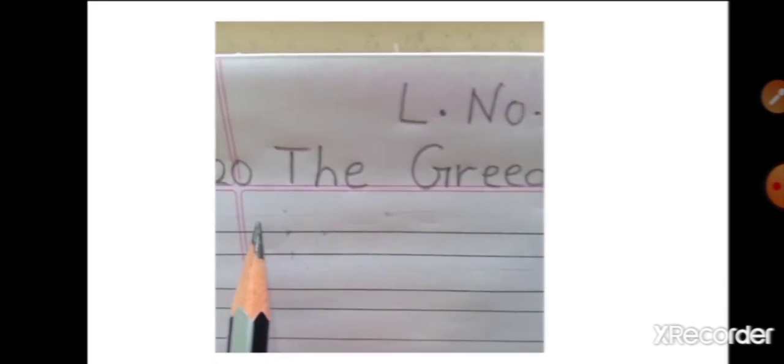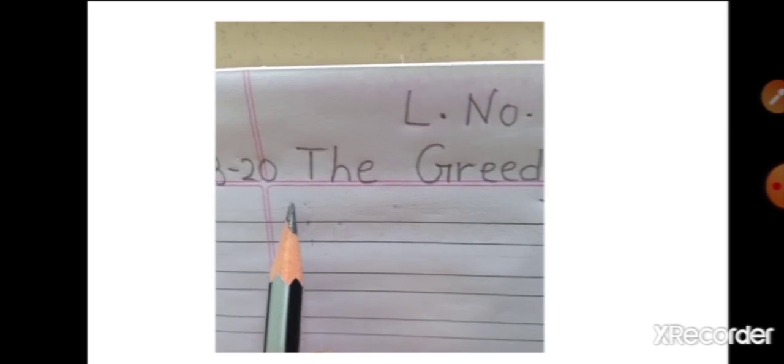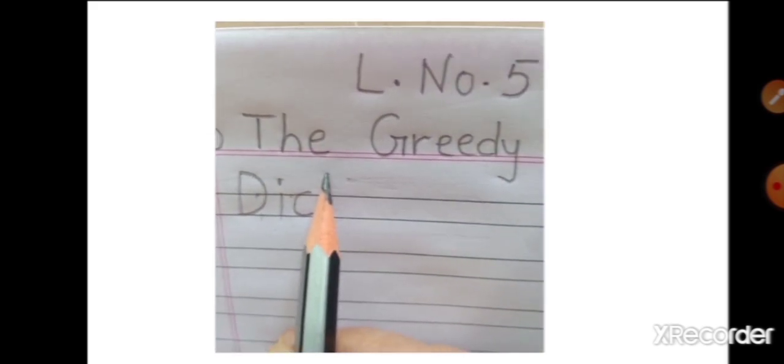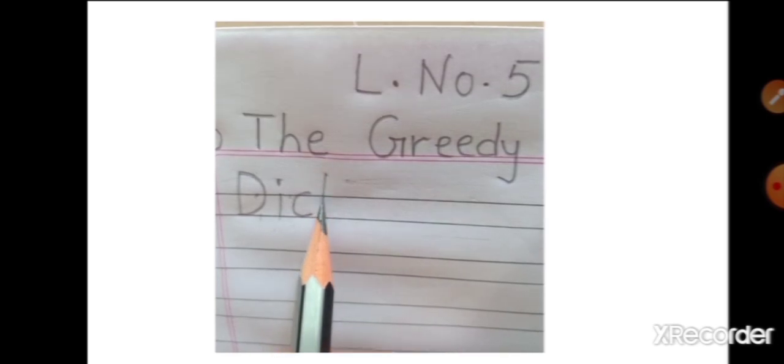Now let us write dictation words. Now to write capital D, you have to start writing it from above the second line. As it starts from first line, start writing it from above the second line. So write like this: capital D, I, C. Now T will again start from first line, that is above the second line.